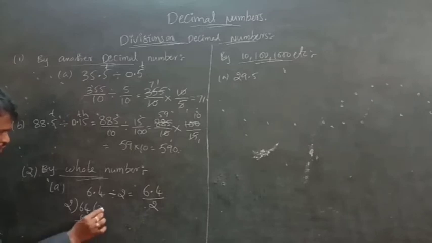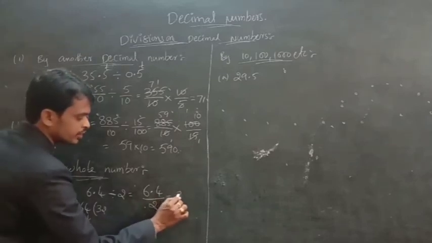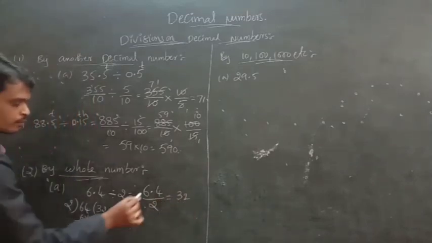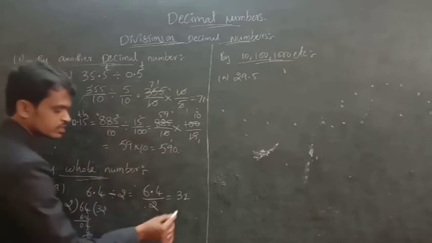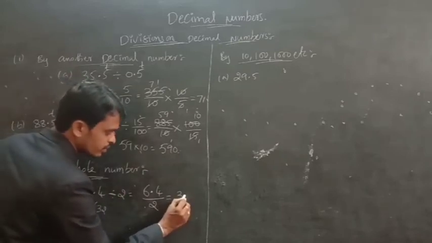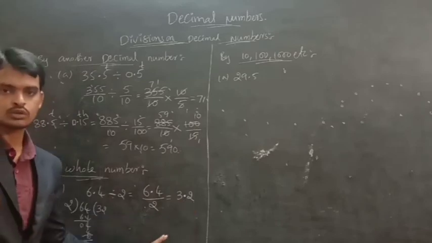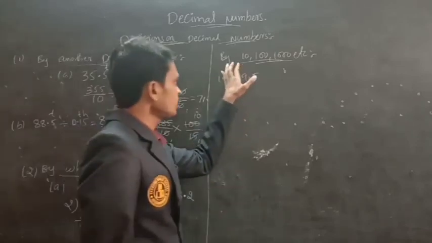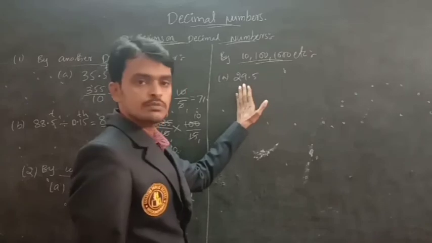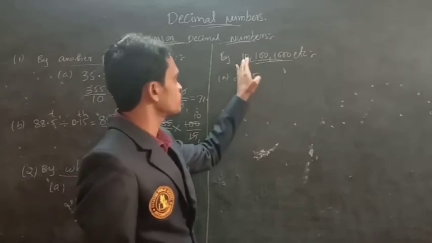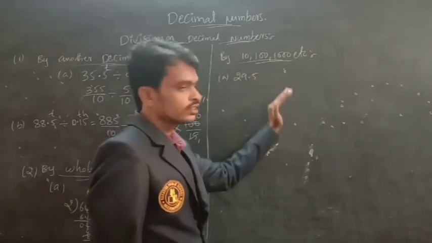Then 4, 2 twos are 4. Then the answer is 32. Then we replace the point after the tenth place. Then the answer is 3.2.